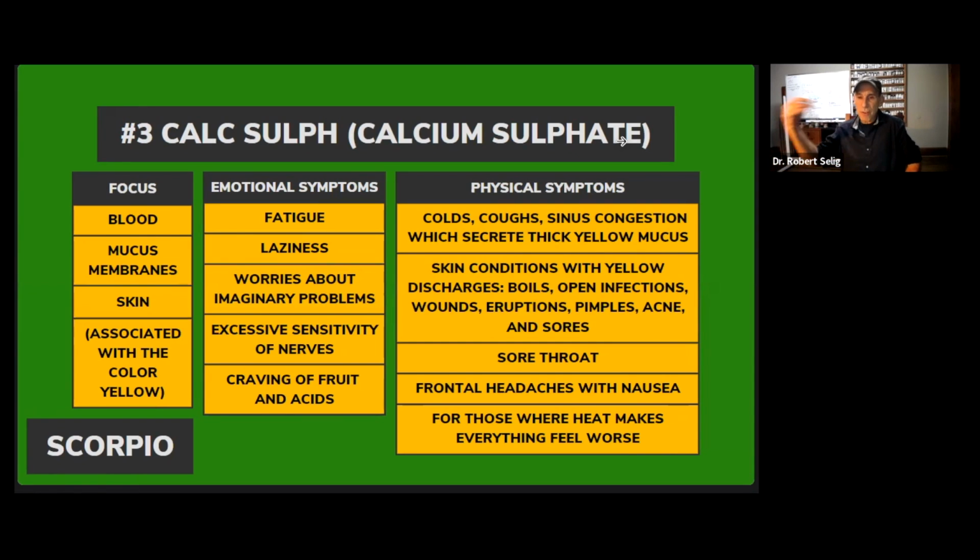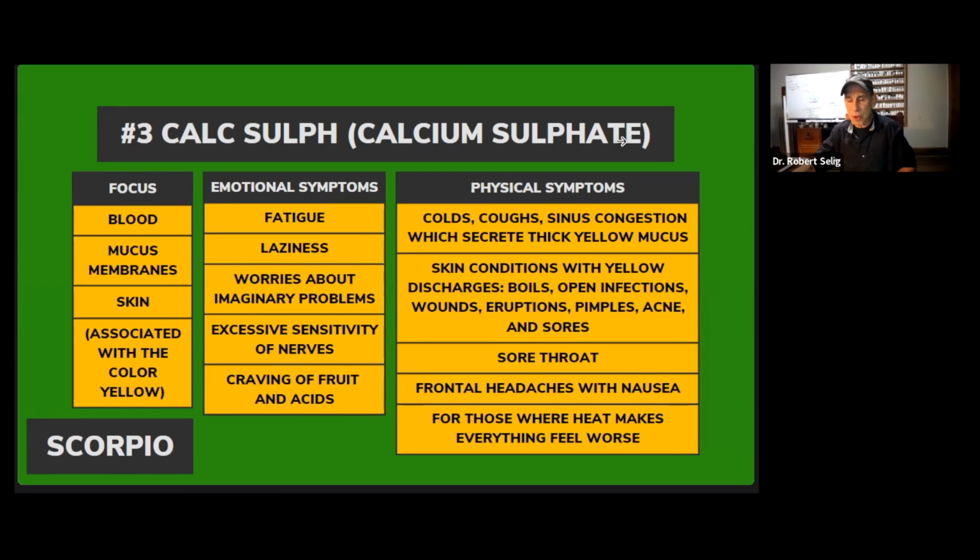They will show up as eczema, psoriasis, acne, boils, pimples, unhealthy skin, dry skin, cracked skin, all skin stuff, especially when we see a yellow discharge, because calcium sulfate has an affinity for mucous membranes.